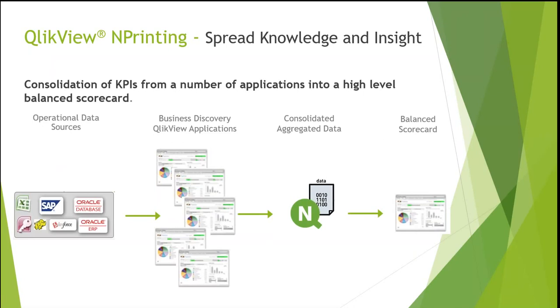What you can do is just pull information from simple tables in each of your applications, so using the expressions and using the information that's already built in your QlikView applications, pull out the high-level aggregated information using NPrinting, store that into Excel or CSV format, and then simply, quickly and really easily use that to populate a high-level summary, balanced scorecard, management dashboard, or simple overview. So this is just another way of thinking about how we can really use NPrinting beyond just the straightforward report generation.